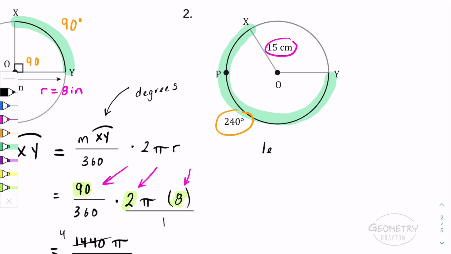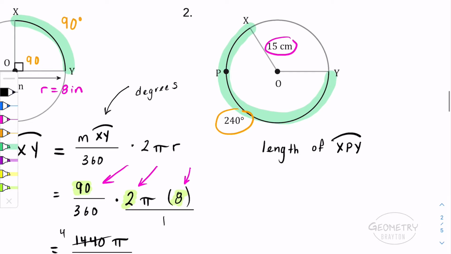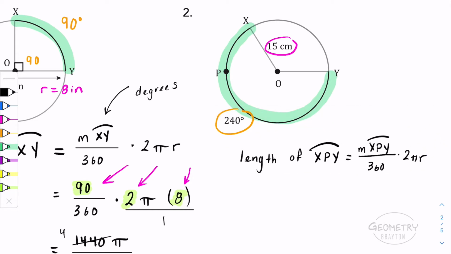So when I substitute into the formula for the length of XPY, because it's a major arc, it's greater than 180, this is equal to the measure of XPY divided by 360 times 2 pi r. When I substitute our values into this equation, XPY measures 240 degrees divided by 360 multiplied by 2 times pi times the radius of 15.